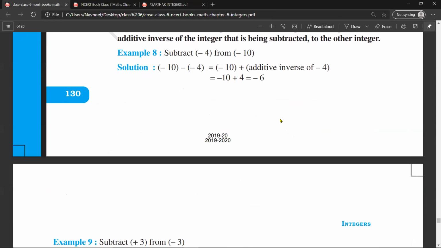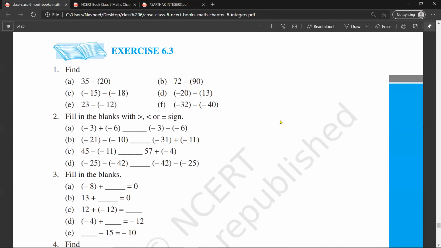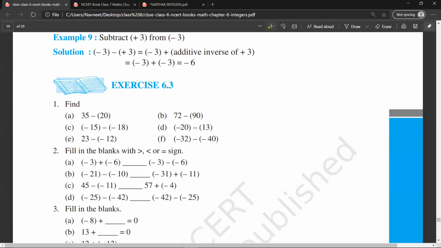Okay. Let us do some sums from the textbook. Okay, Mr. Sarthak.